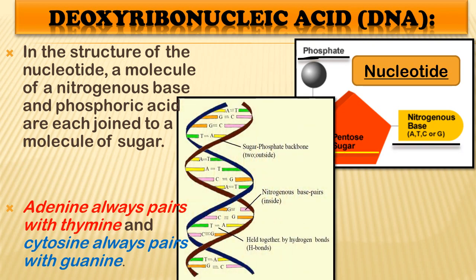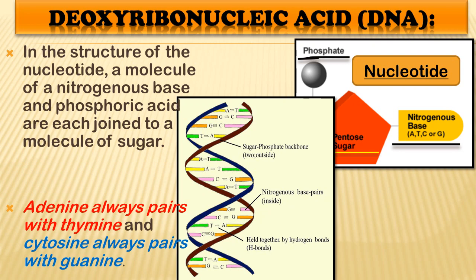They are arranged like a chain in a molecule of DNA, and the two threads of a DNA molecule are comparable to the 2 rails of a ladder. You can observe here the blue one and the brown one, which are compared to the 2 rails of a ladder, and each rail is made up of alternately joined molecules of sugar and phosphoric acid. That means a phosphate group attached to the pentose sugar, and this pentose sugar attached to the nitrogenous base. Each rung of the ladder is a pair of nitrogenous bases joined by a hydrogen bond.